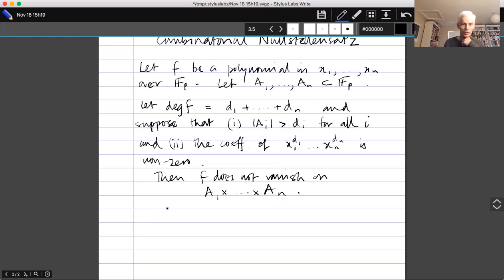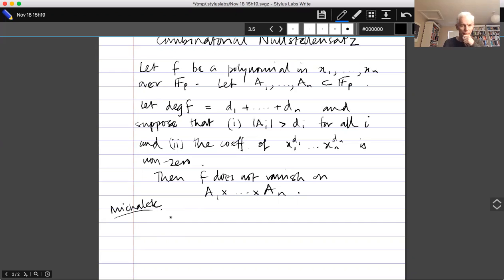And there's a short proof. It's not quite the same as Alon's original proof, which was also reasonably short, but it's due to somebody called Michalek. So let's give the argument. It's going to be a proof by induction on the degree.